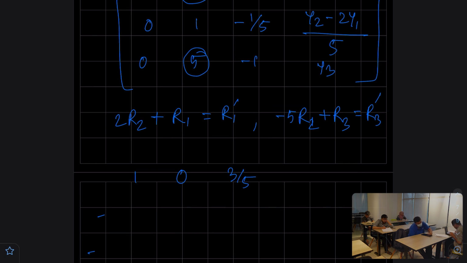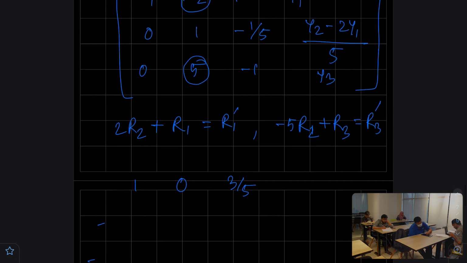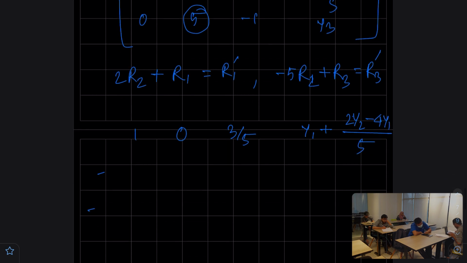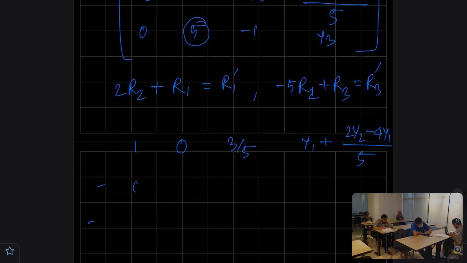Does it make any sense? So 3 over 5, and then y1 plus 2y2 minus 4y1 over 5, and then this is equal to 0, 1, minus 1 over 5, and y2 minus 2y1 over 5.